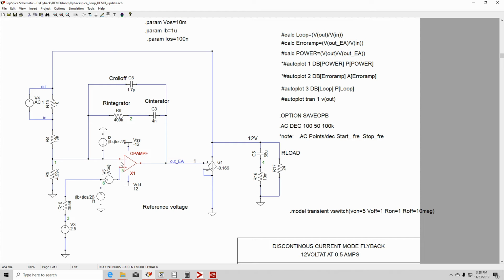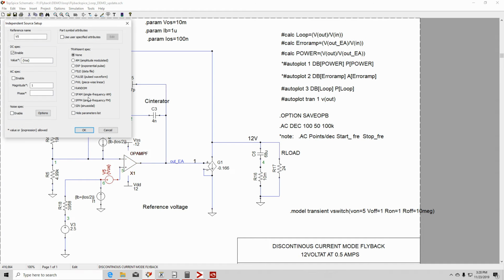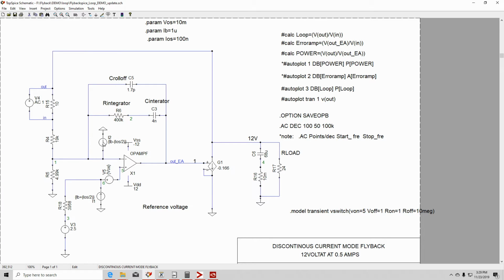Basically the impedance is infinite, or very high, and gain is very high, and I guess it doesn't have VOS or a bias current or the offset. Okay, so in this case, if you notice right here, I put a voltage source and put the curly brackets, and then I type in VOS and close brackets, and then I put a current source here.